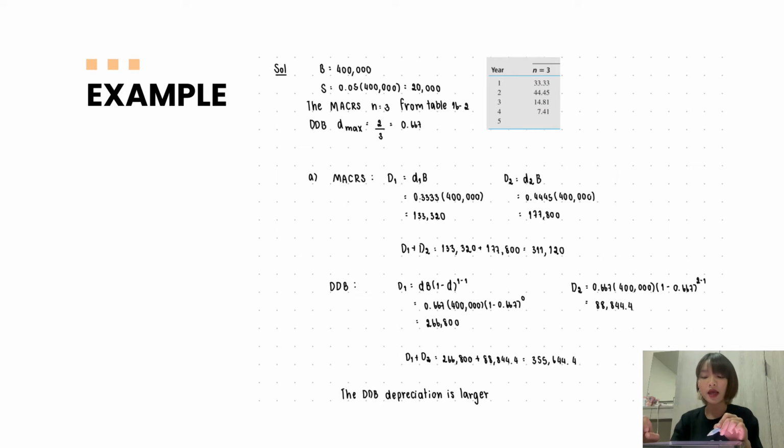In part A, MACRS depreciation for year 1 and year 2 can be calculated by this equation and this equation, and it gives depreciation in year 1 equal to 133,320, and year 2 gives 177,800.